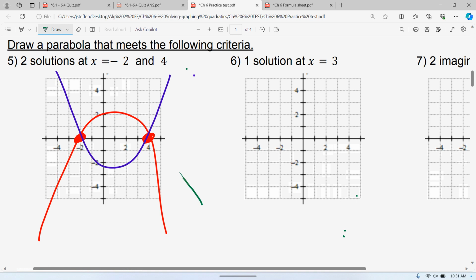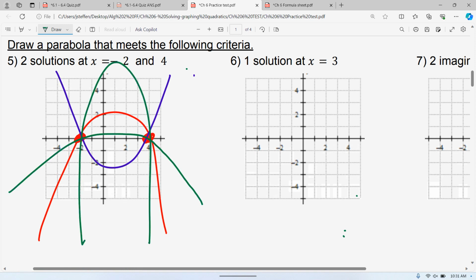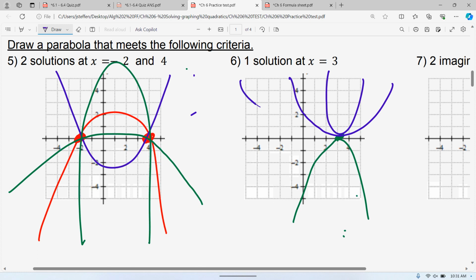You can draw all those parabolas as long as it crosses at negative 4. When x is equal to 3, that means it touches that and then comes back. It doesn't cross, it just touches it. Your vertex is right there on your x-axis. Not to get carried away, but it can also be really skinny, or really gradual, doesn't matter as long as that is where it's touching.